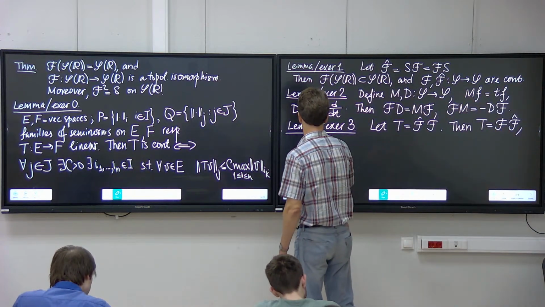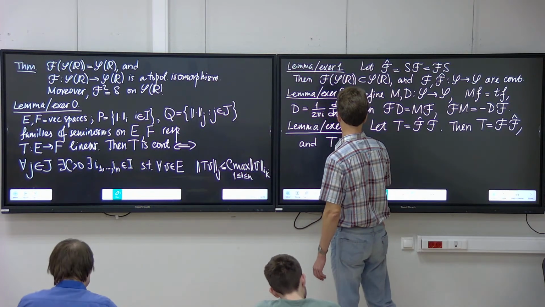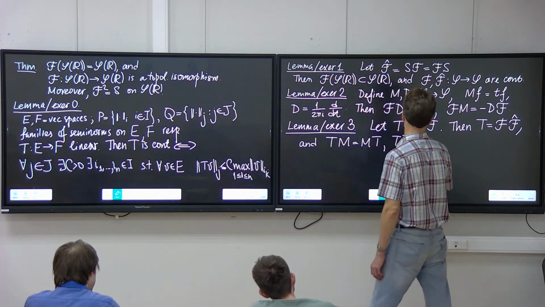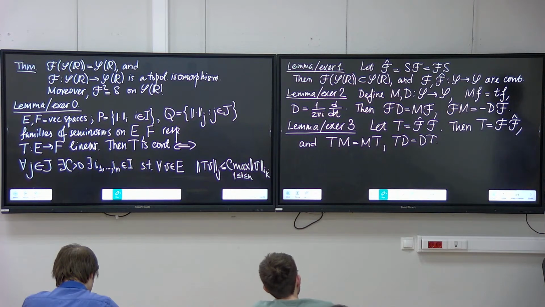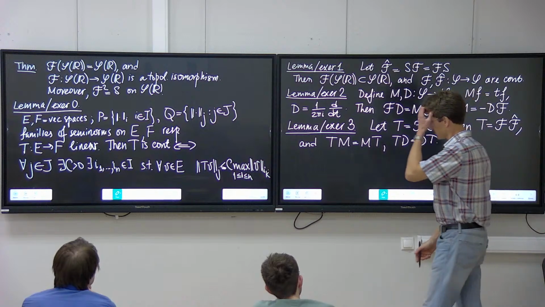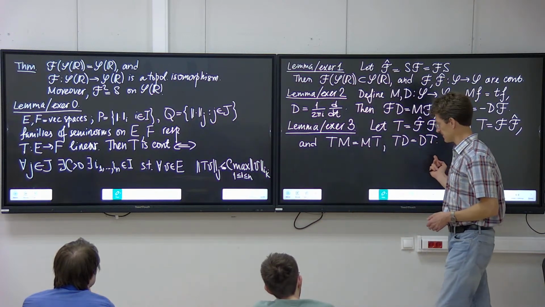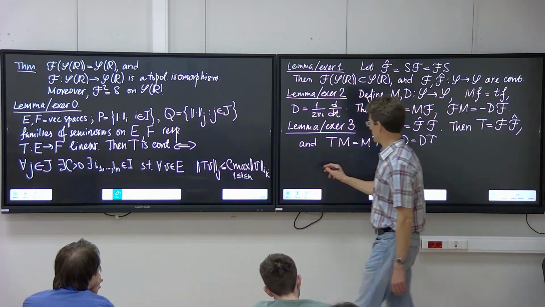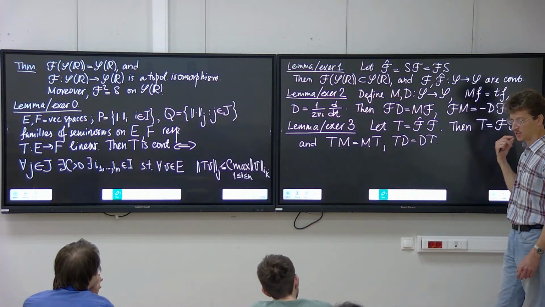And this operator T commutes with D and with M. This is almost immediate from lemma 2, applied first to F and then to F hat. Well, why is it useful? This is useful because these two properties actually imply that T is almost the identity map.